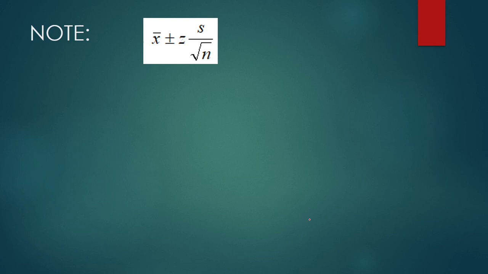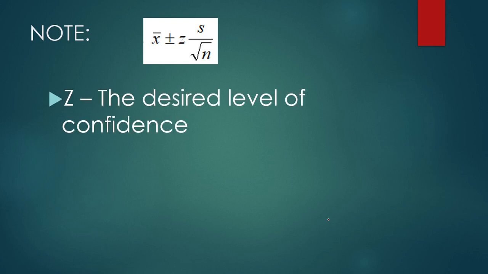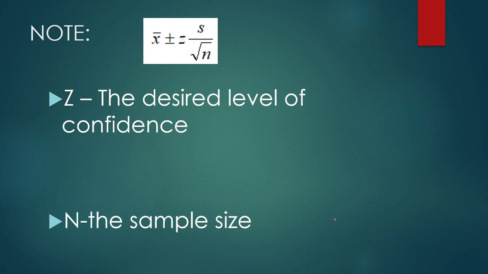Note, in the formula, we can control two things. We can control z, the desired level of confidence, and we can control n, the sample size. Now, z influences the margin of error. The higher the level of confidence, the wider the margin of error.